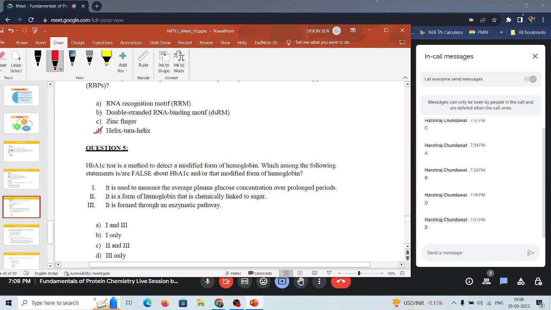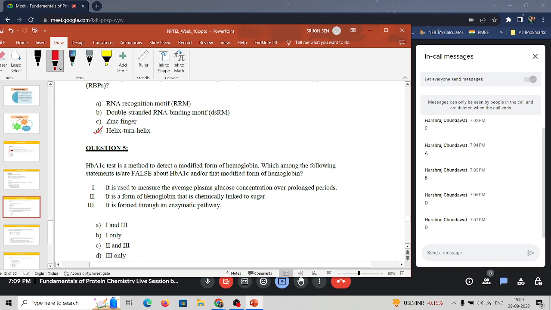So this HbA1c test is basically used to measure the amount of blood sugar or the glucose that is attached to the hemoglobin. So this modified form of hemoglobin is basically called glycated hemoglobin, which is formed through a non-enzymatic glycation pathway, which is caused by the interaction of the sugar, that is the glucose, with your hemoglobin.